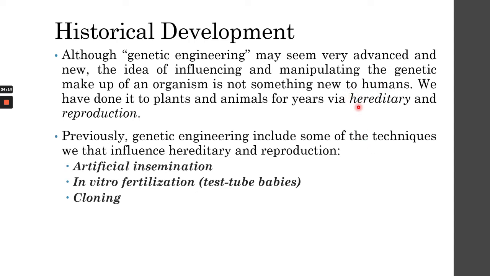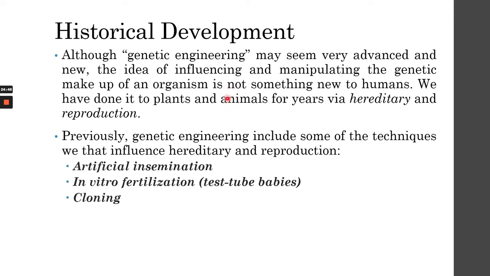Or, for example, if you have two peas that are short, and you combine them with green peas that are tall, and let them reproduce via hereditary reproduction, would the offspring peas be short, or would they be tall? No? And that's a type of manipulating the genetic makeup of organisms already.